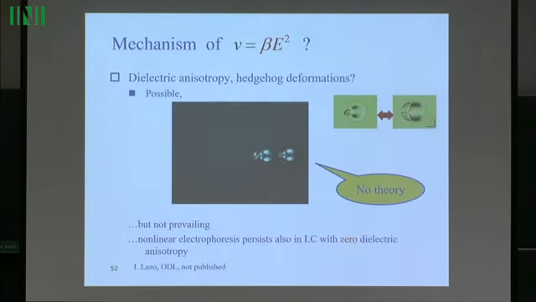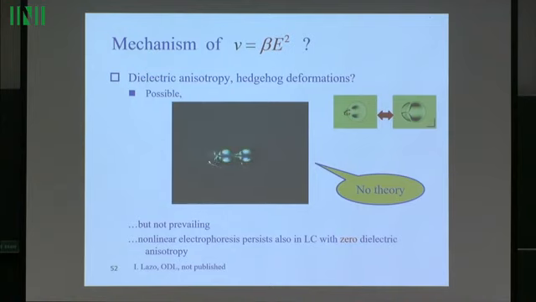So one thing to think about is that if you have this asymmetric thing, maybe when you apply the electric field, because the liquid crystal director likes to realign in response to the electric field, maybe that is the reason for motion. And we did the experiment with these droplets and with these particles. It's two of them.